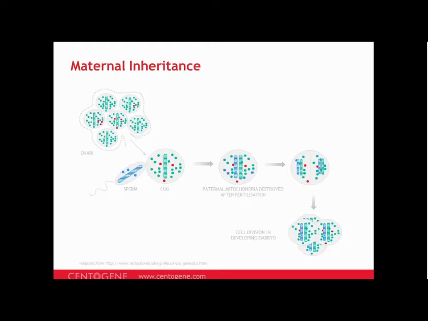The percentage level of mutated mitochondrial DNA may vary among individuals within the same family, and also among organs and tissues within the same individual. This is one explanation for the varied clinical phenotypes seen in individuals with disorders caused by mutation of mitochondrial DNA.